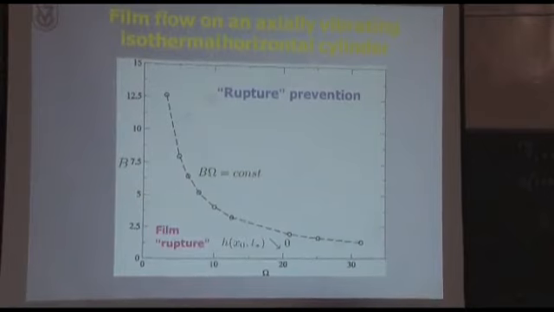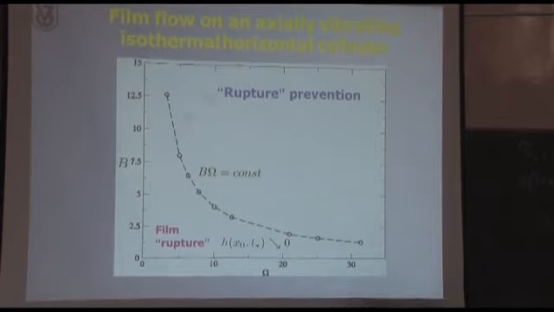It turns out that in the forced case, there is a line demarcating between two regimes. In the regime below it, adjacent to the b equals 0 regime, that's where a rupture takes place. No matter whether you force it or not, a rupture will come, slower or faster. We don't know why. Sometimes it's slower, sometimes it's faster.